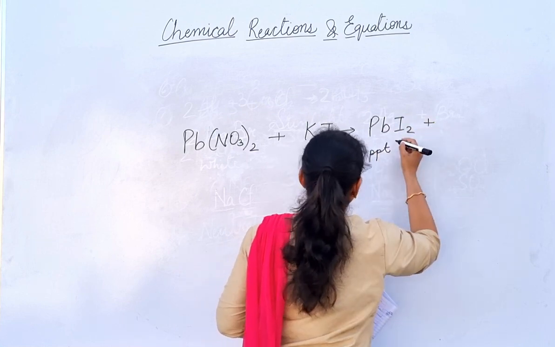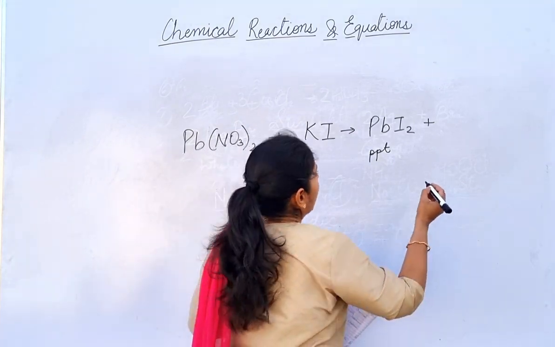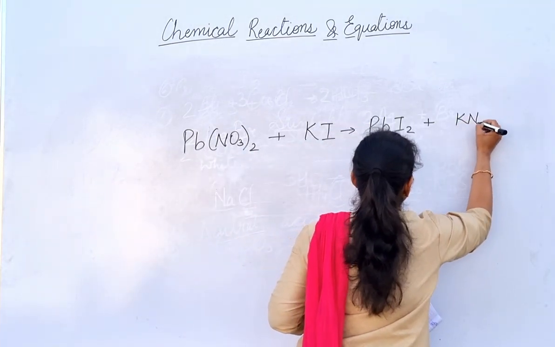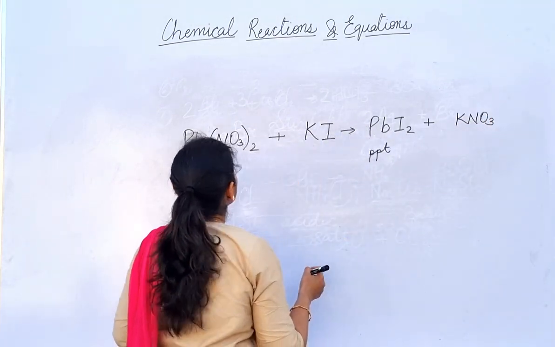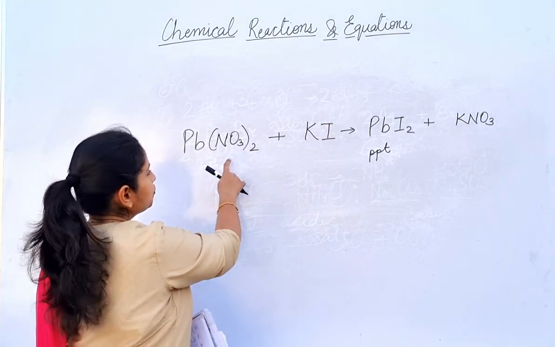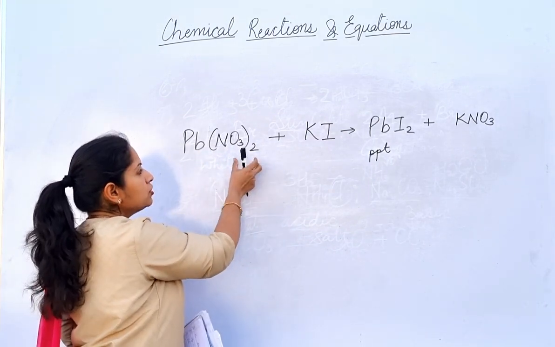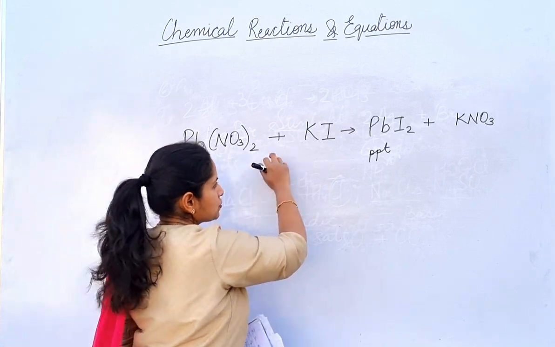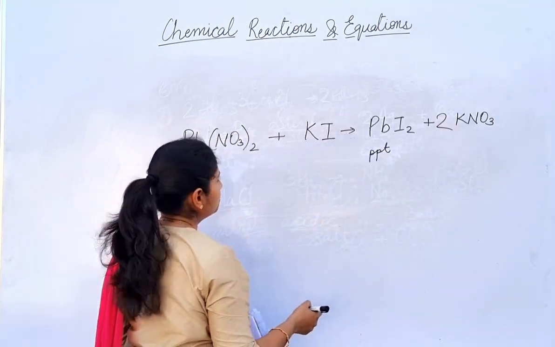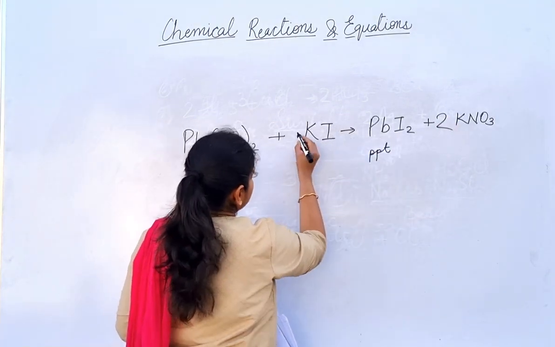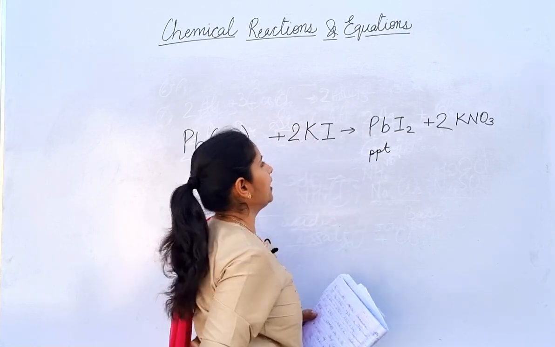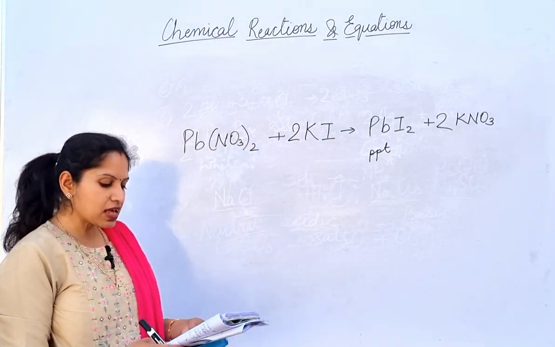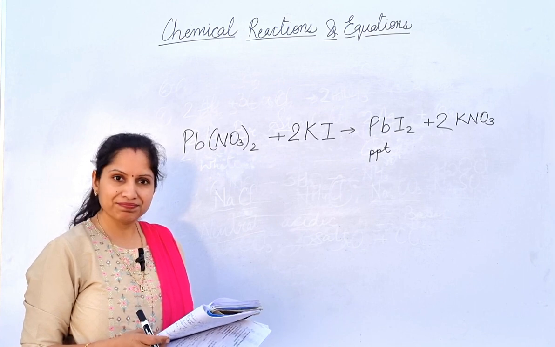Lead iodide is the precipitate, and potassium nitrate is formed, KNO3. Now you have to balance it. You have two NO3, two polyatomic ions are there, so here also it has to be 2. Here you have 2 iodides, so it has to be 2 KI. So this is how you will balance the equation.